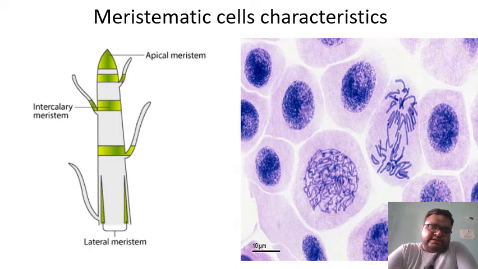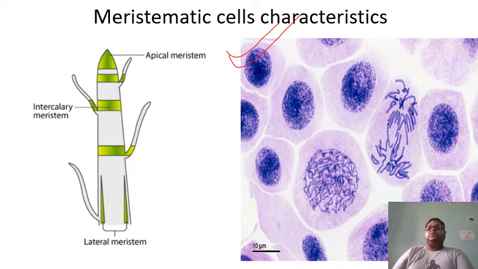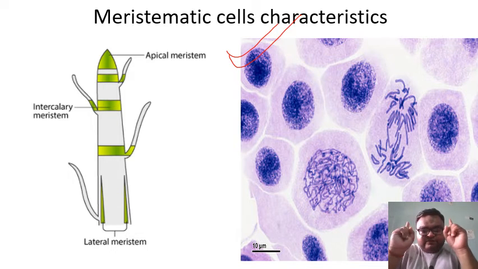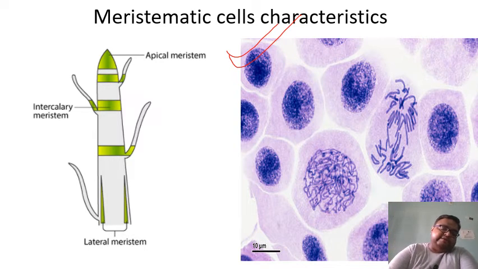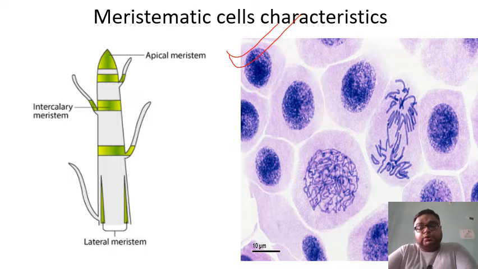Here is the picture of cells dividing, and from these dividing cells, you need to figure out what the properties can be. What can you see in this picture? Who will tell me? Look at it very closely. Okay, students, I'll give you 30 seconds to look at this picture and find some properties associated with the meristematic cells.